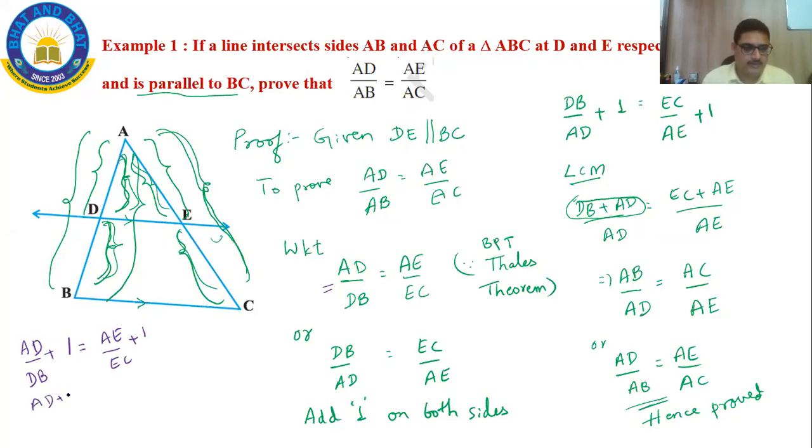AD plus DB divided by DB is equal to AE plus EC divided by EC. What is AD plus DB? AD plus DB is AB divided by DB is equal to, what is AE plus EC? AE plus EC is AC divided by EC.